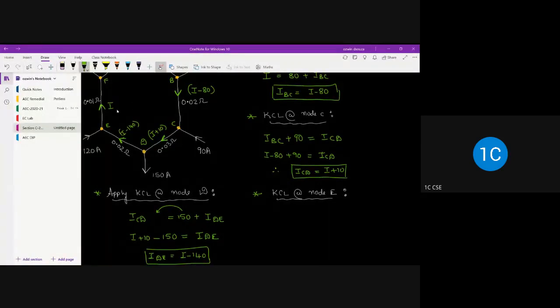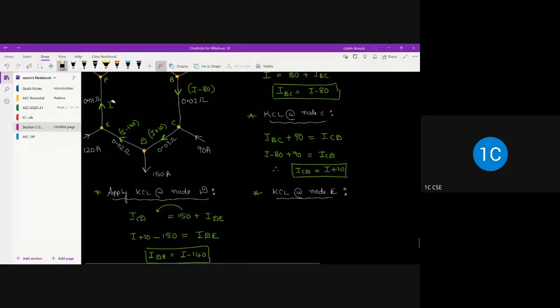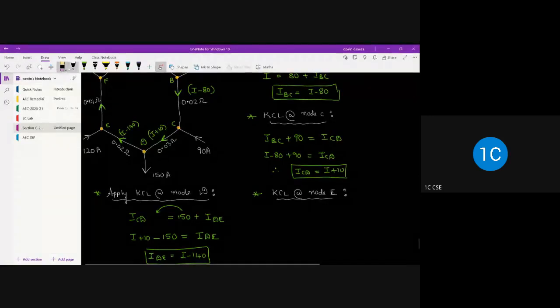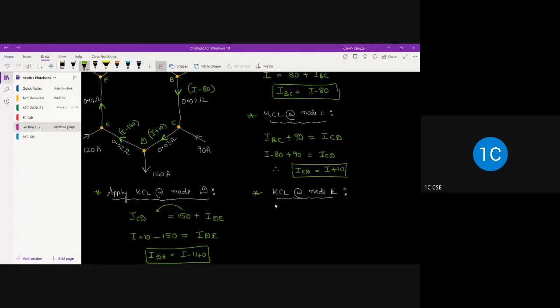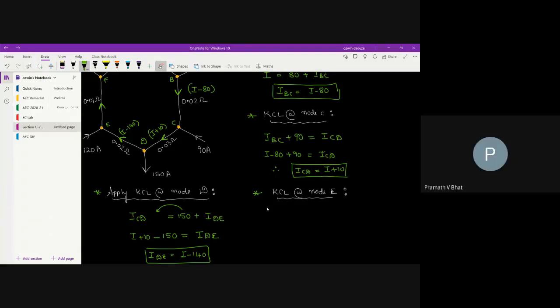Okay, and let's find this particular current, that is IEF. So, can you help me with the KCL? What should be the KCL equation? Can you tell me? Anyone? 120 plus I minus 140 is equal to IEF.